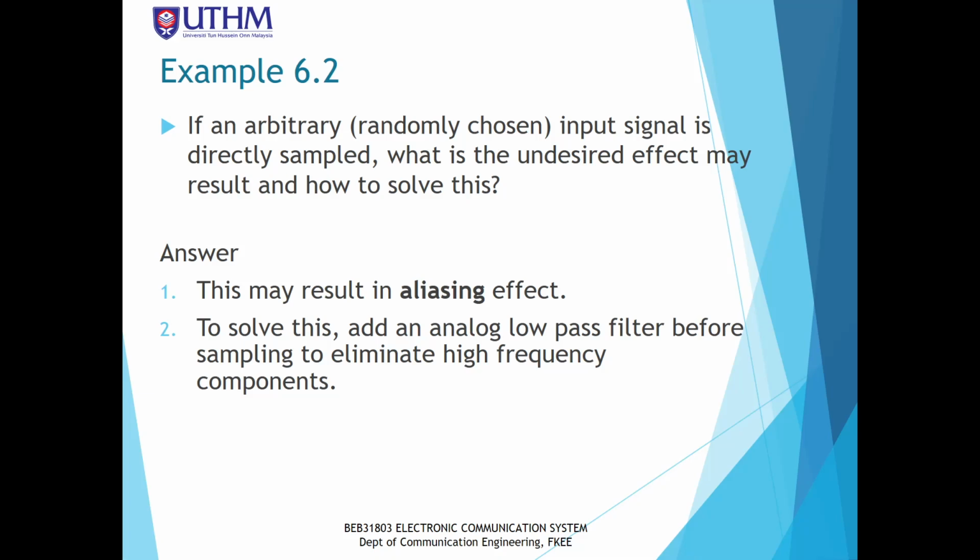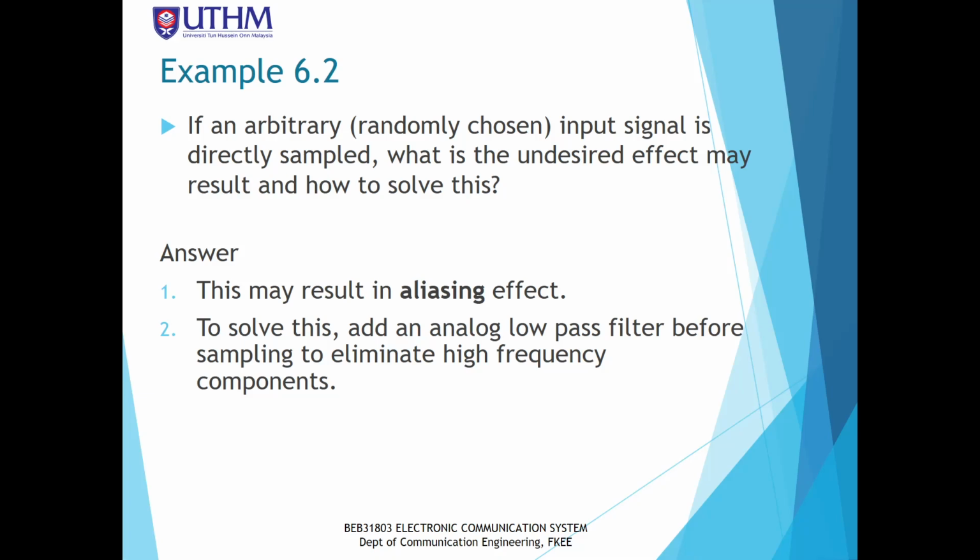Question 6.2: if an arbitrary, meaning a randomly chosen, input signal is directly sampled, what is the undesired effect that may be caused and how to solve this? If we randomly choose the input signal and straight away do the sampling process, there may be a problem of aliasing.